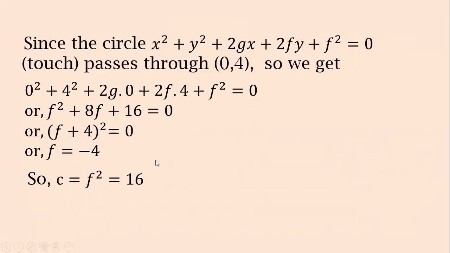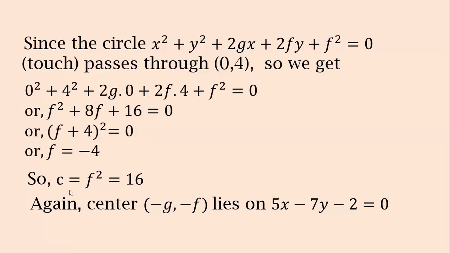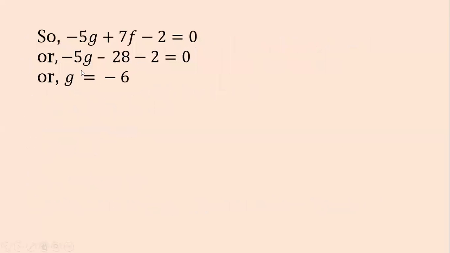Now, another thing is left, that is to find the value of g. One condition is left, that the center (minus g, minus f) lies on this line. So putting (minus g, minus f) on this straight line, we get this, and here f is equal to minus 4. So putting f is equal to minus 4, we are getting g is equal to minus 6.